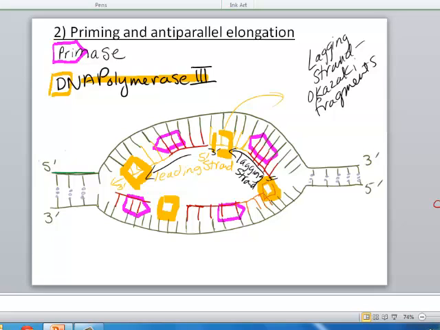Continuing extension, extension, extension. But this DNA polymerase is not going to fall off, because it's just going to keep going and going, following the opening created as the replication bubble expands, as helicase continues to break hydrogen bonds and push the replication fork forward. So again, this is a leading strand.